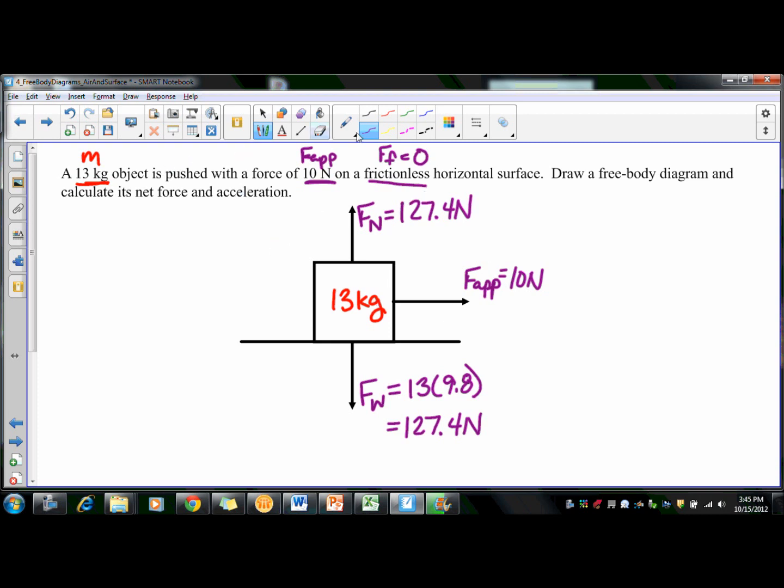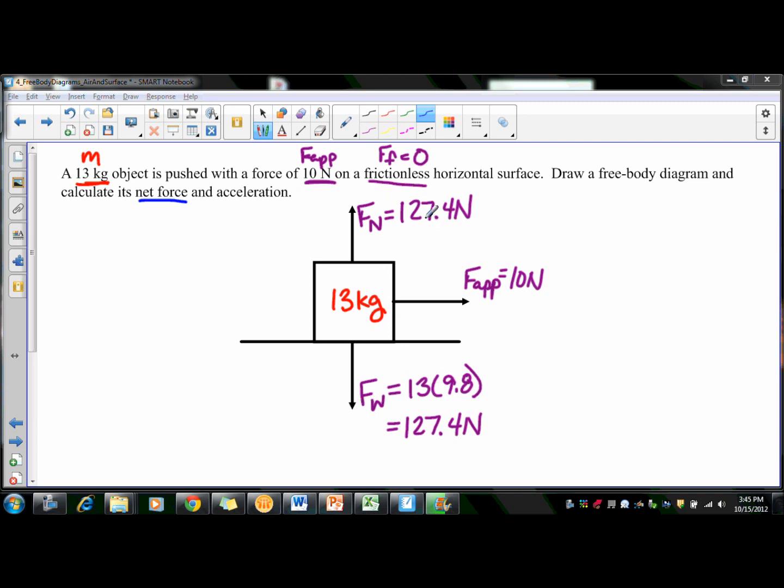And now we need to find net force. Since we have two directions going on, we need to look at the net force in both. For a horizontal surface, the net force going up and down should always be 0 because the weight is equal to the normal.